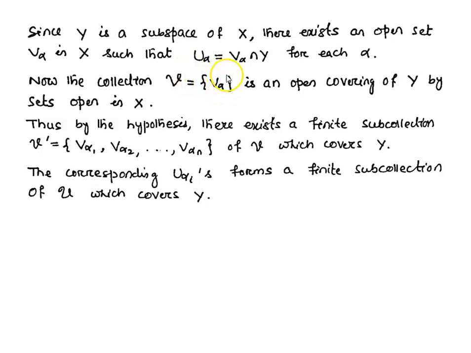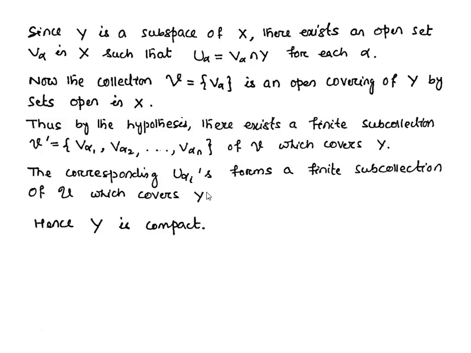Let us collect the corresponding U alpha i's, because these V alphas were obtained from this U. If we have V alpha 1, then correspondingly we have U alpha 1 here. Collect all such U alpha 1, U alpha 2, up to U alpha n.